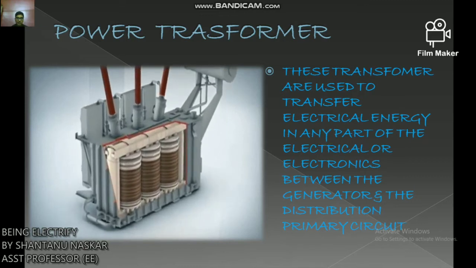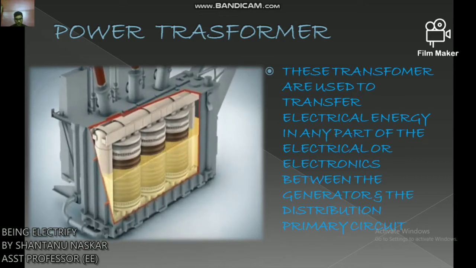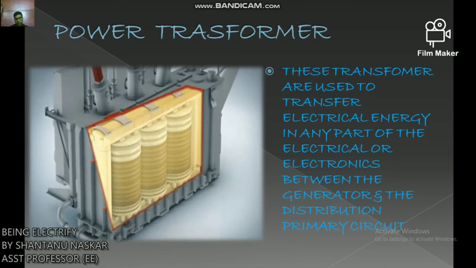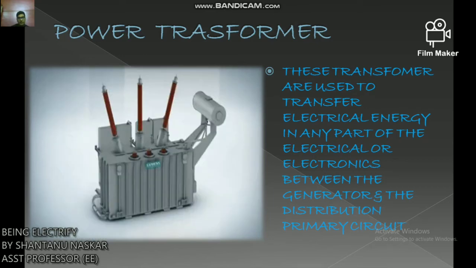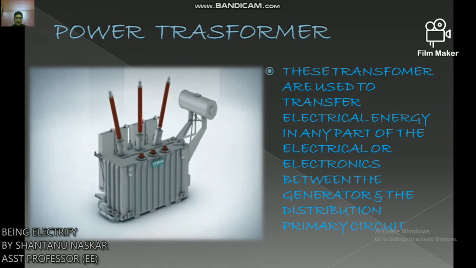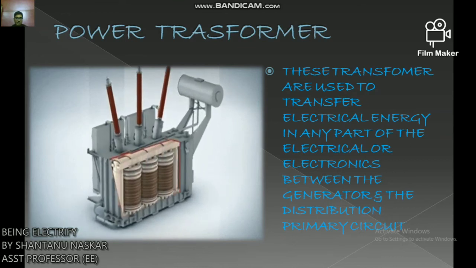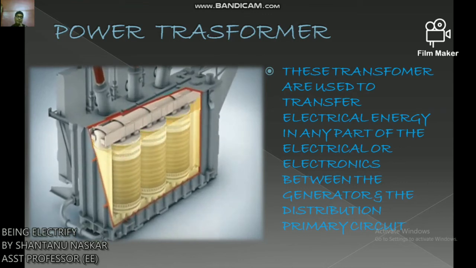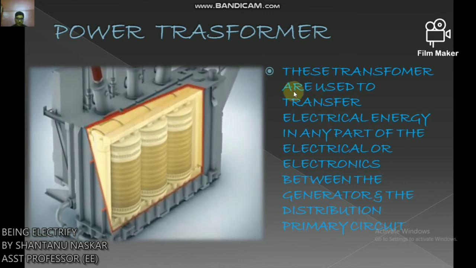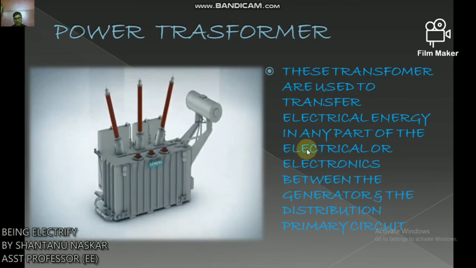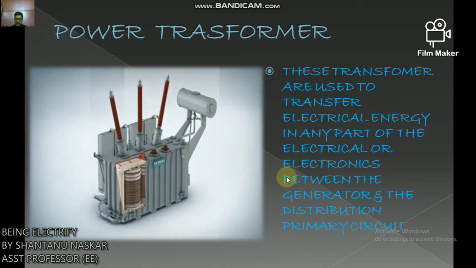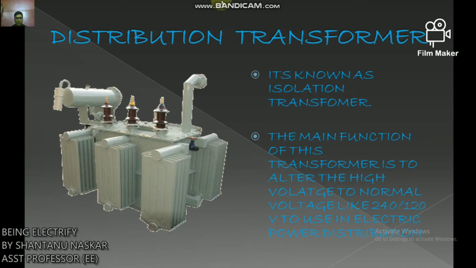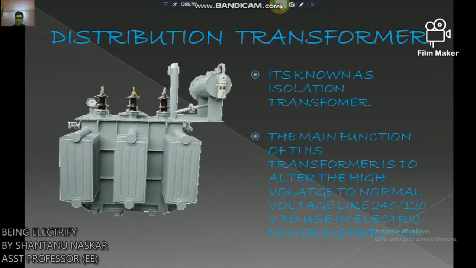The range of medium can be up to 100 MVA, and the range of large power transformer can be from 100 MVA and beyond this. Okay, so the average life of transformer is around 30 years. Now go through the distribution transformer.